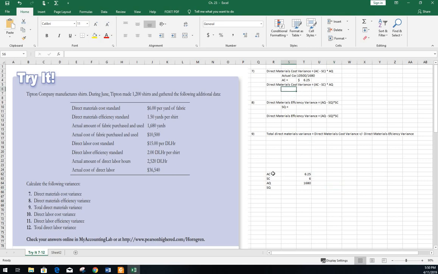Now that we have AC, SC, and AQ, we can go ahead and fill out the whole formula and solve for number 7. So let's go ahead and do that. AC is 6.25. I'll put this in parentheses.